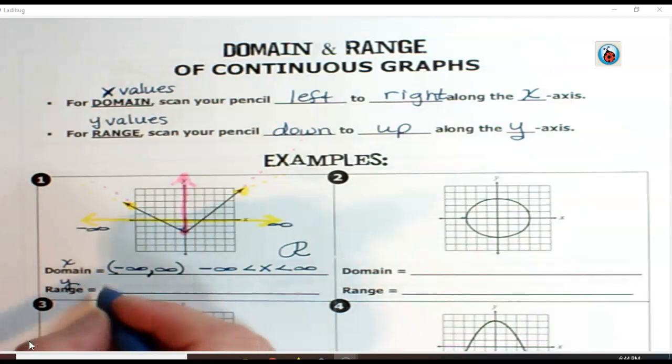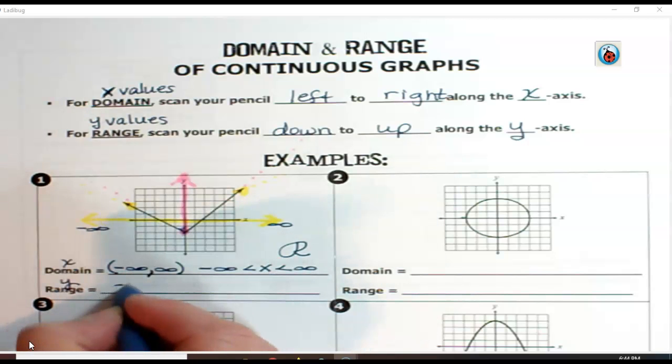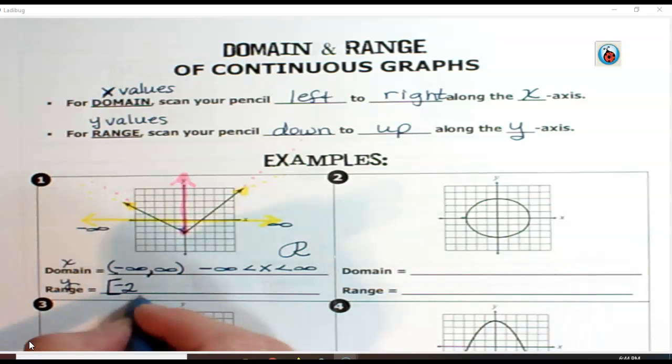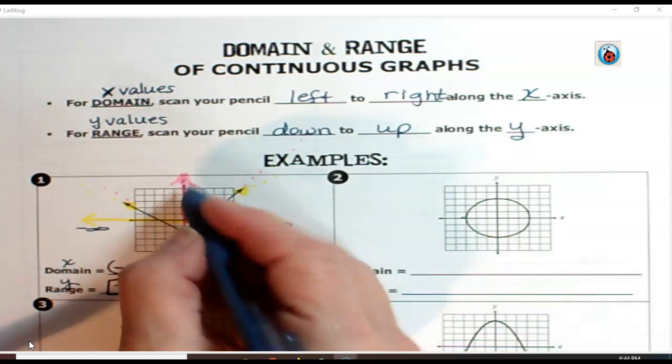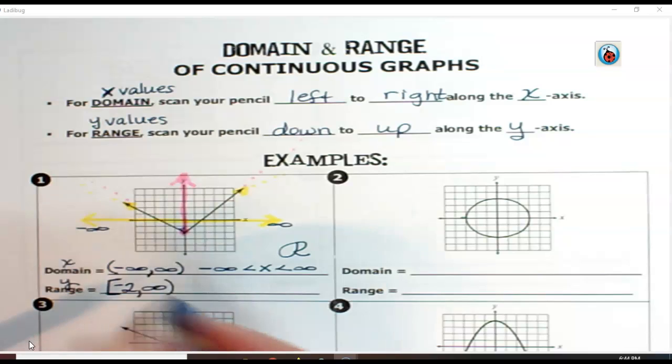Okay, so my lowest number looks like a -2. And it's on the line, so if it's on the line, it's included. And then my highest is infinity. It's positive infinity. Okay, so all the y's from -2 up are included.